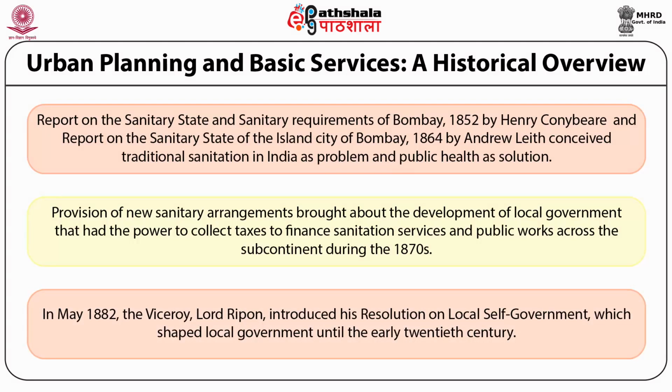In May 1882, the Viceroy Lord Ripon introduced his resolution on local self government, which shaped local government until the early 20th century. With the intention to create a political forum for the newly created Western educated middle class, this resolution also introduced a majority of elected non-official members on a limited franchise of Europeans and wealthy Indian ratepayers.